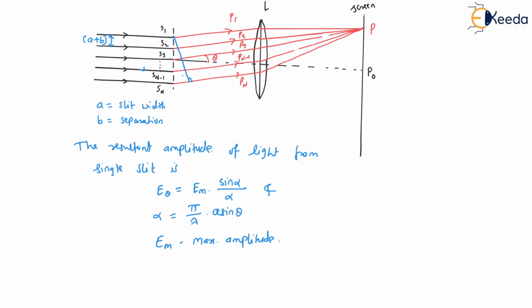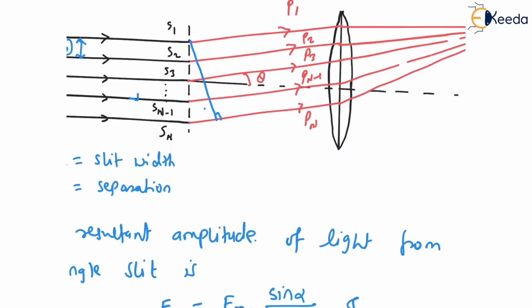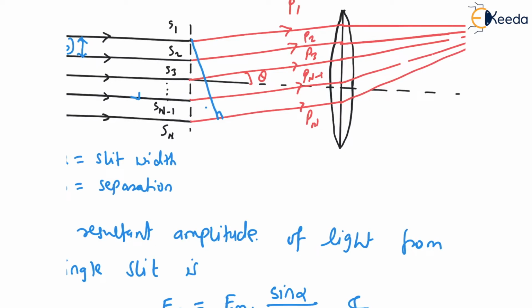I'll zoom the figure so it will be beneficial for you. The first point, this one, let it be K1. In the same way, this point is K2, this point is K3, up to the last point, which will not be Kn but Kn minus 1. Always remember, the last point will be Kn minus 1.